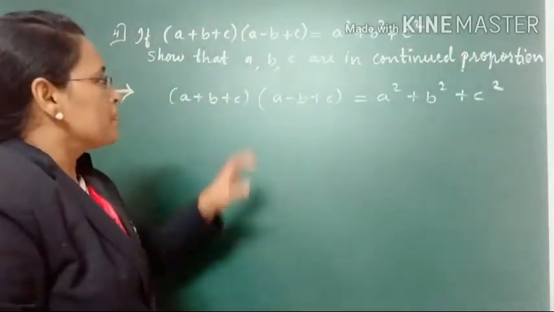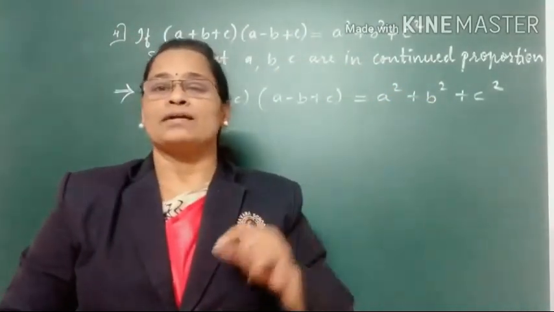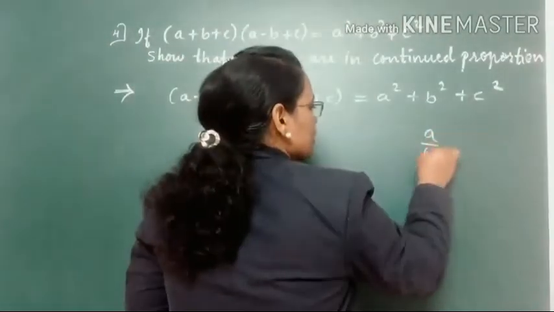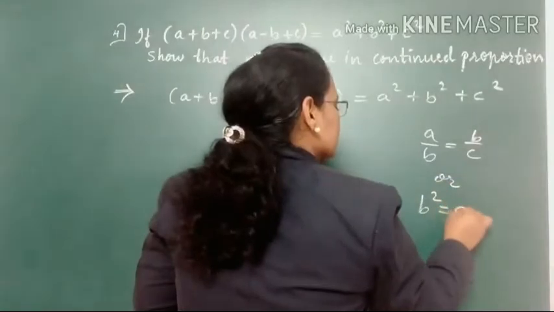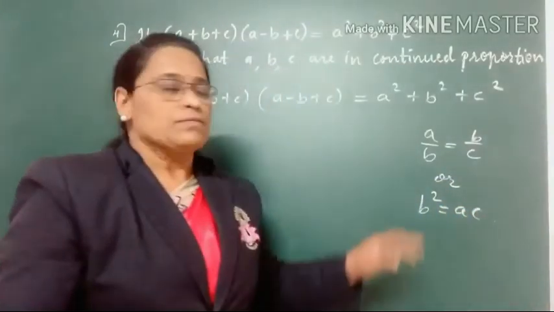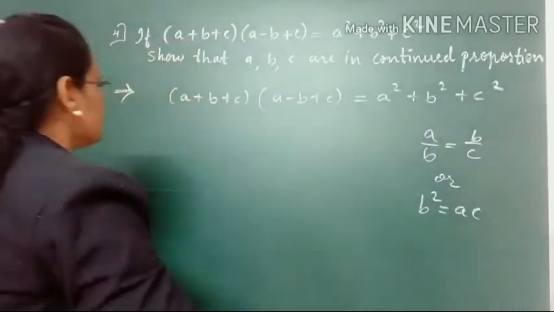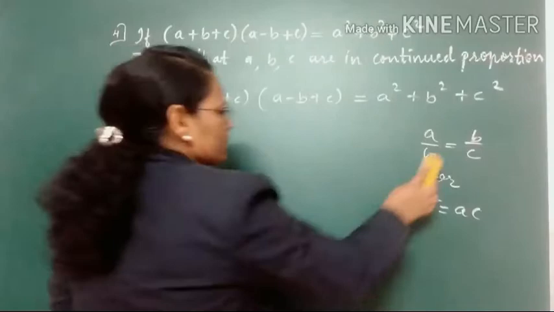So whenever we want to show A, B, C are in continued proportion, our final expression is A is to B is equal to B is to C, or B square is equal to AC. We have to prove any one of these. Let's start. First of all, we start with what is given.